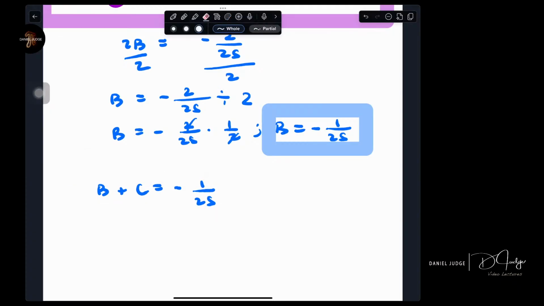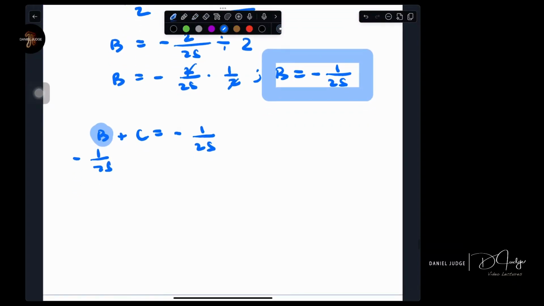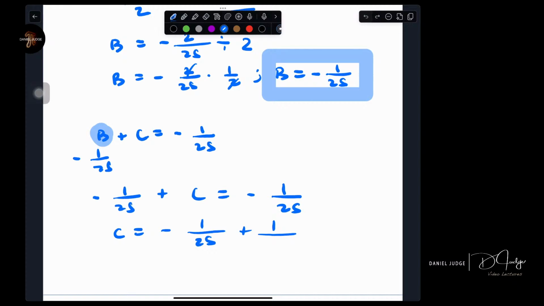We're going to replace the value of b over here with the negative 1 over 25. So that negative 1 over 25 plus c is negative 1 over 25, or c will be negative 1 over 25 plus 1 over 25. This means c is the value 0.